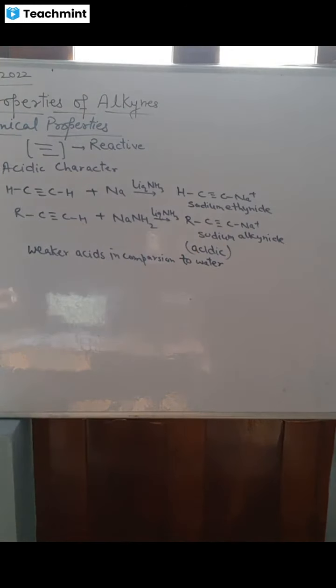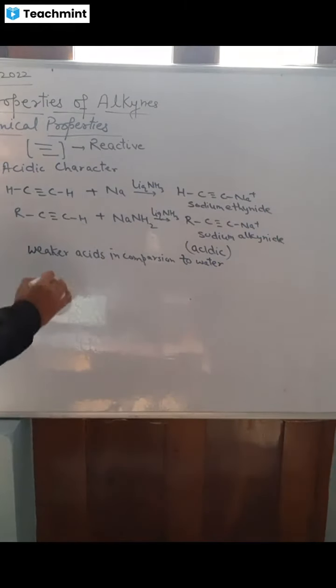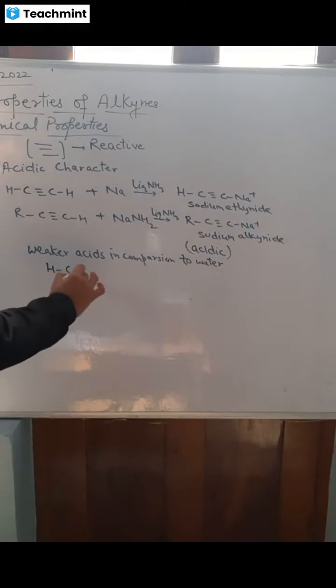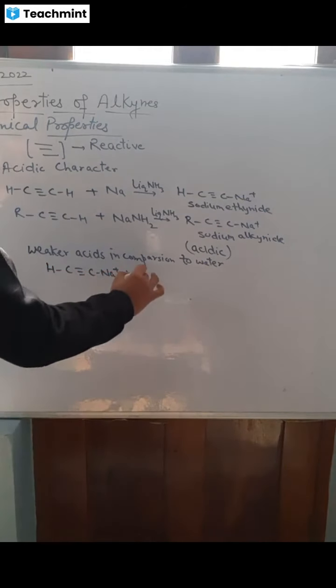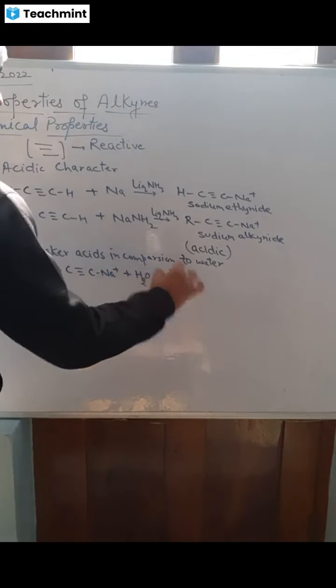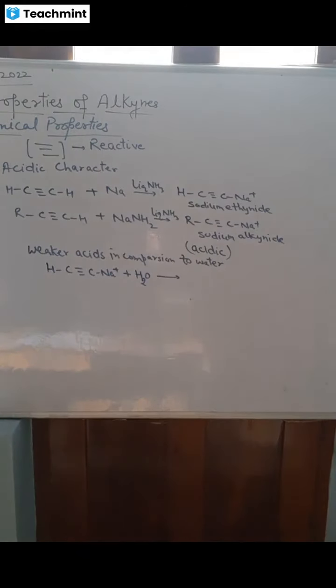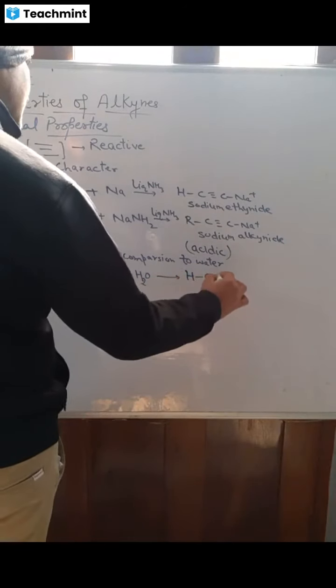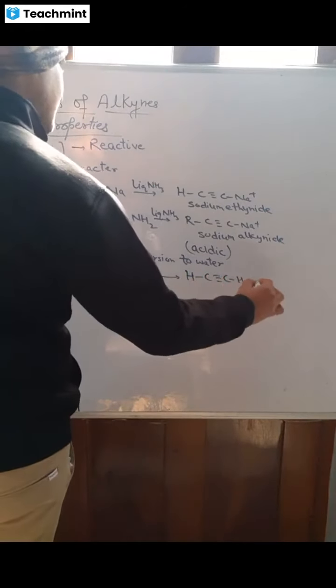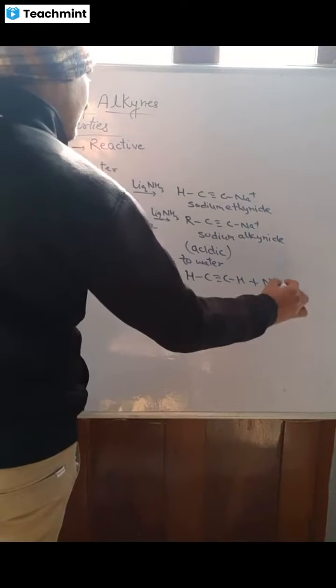As we react sodium ethanide with water, water displaces the Na, forming acetylene: HC triple bond CH plus NaOH.